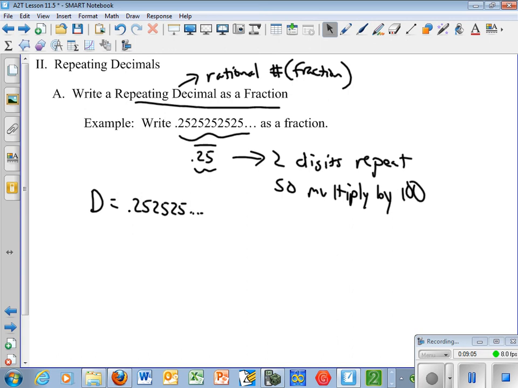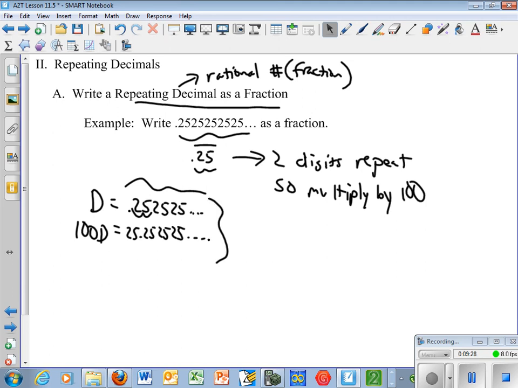Because I have 2 digits repeating, I'm going to say then 100D, I'm multiplying D by 100. If I multiply this side by 100, that moves my decimal over 2 places. So I have 25.252525, and so on.